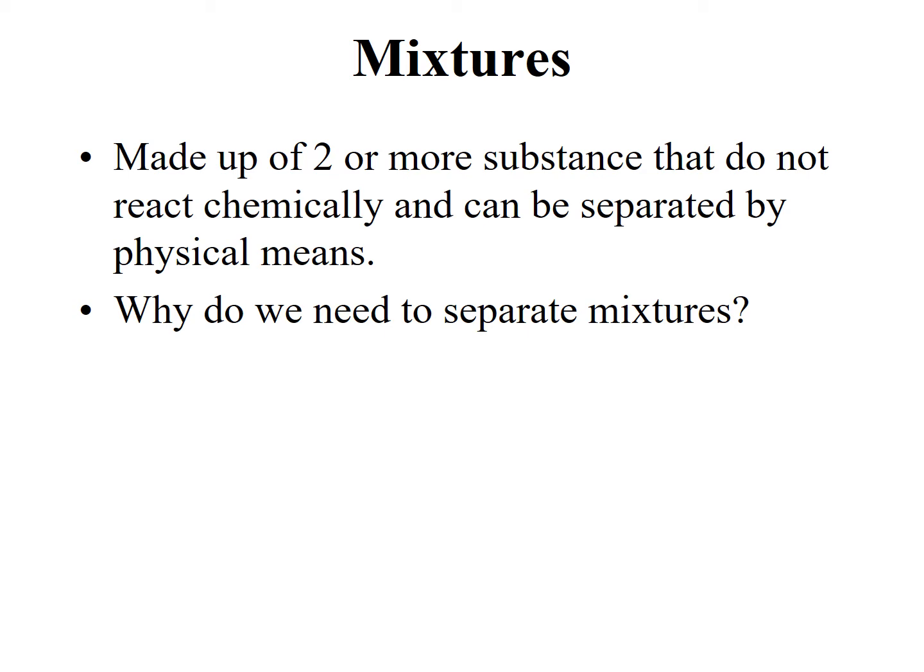And if one of the components is present in by far the largest amount, we call this mixture an impure substance. The one that is present in a smaller amount is what we call the impurity.